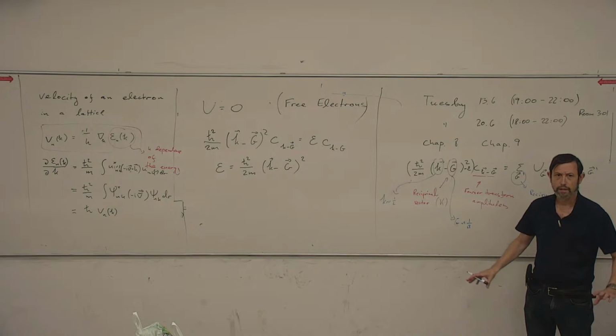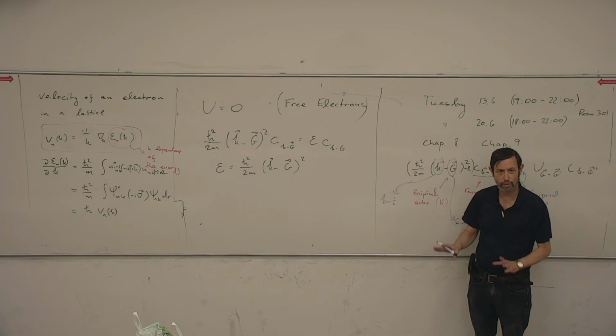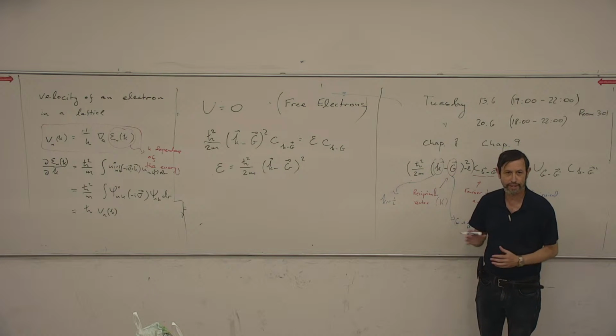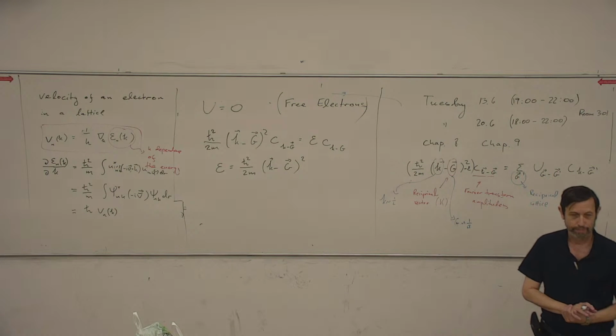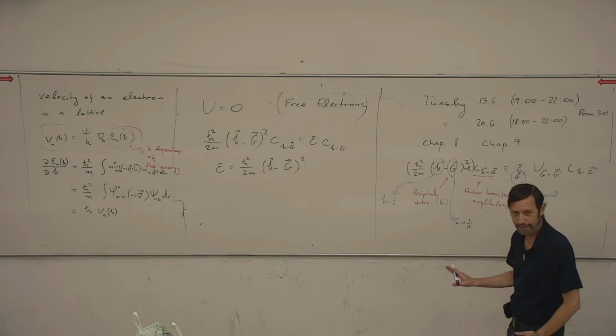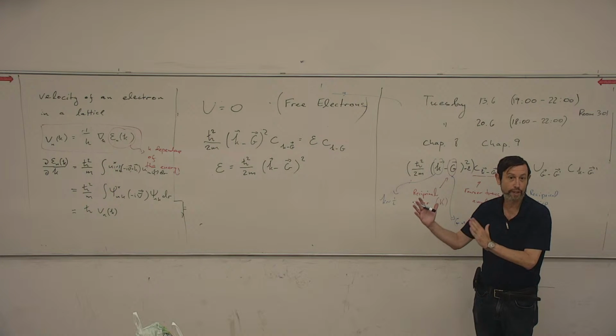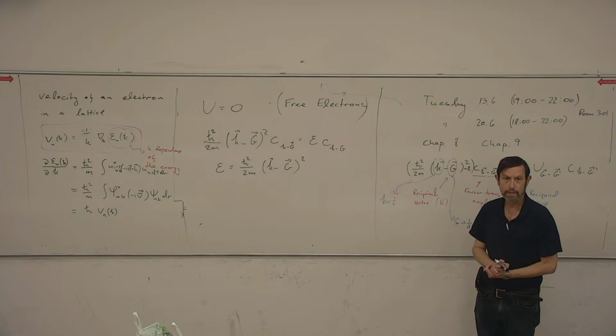Look, if I didn't go through this whole procedure and just solved the problem of the free electron, there's no G in the solution. Then you can tell me, what do you care that there is a G? That just has a translation in the origin of k, right? But it's much more than that.